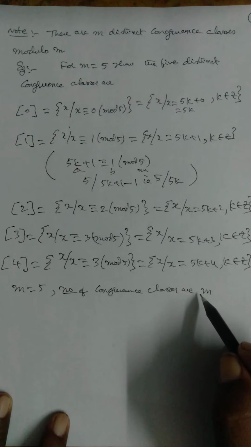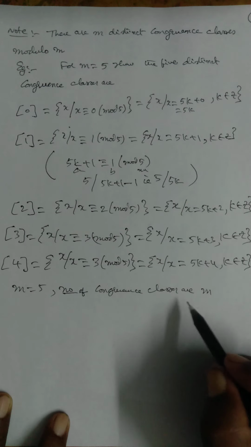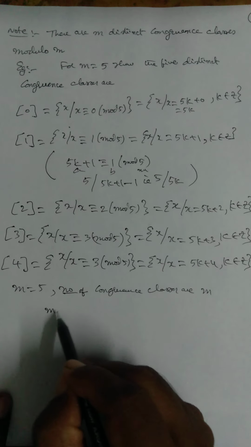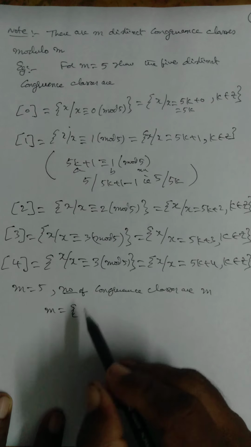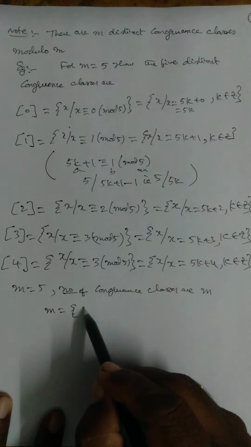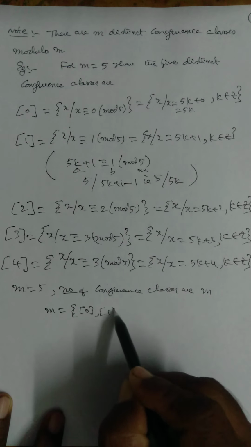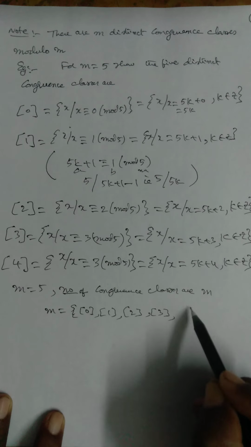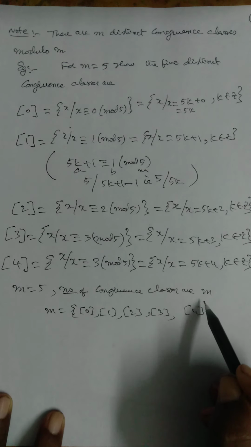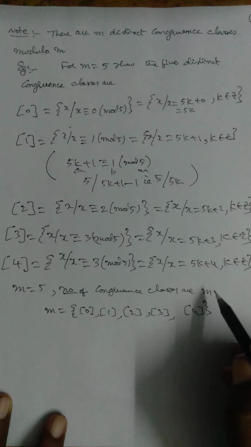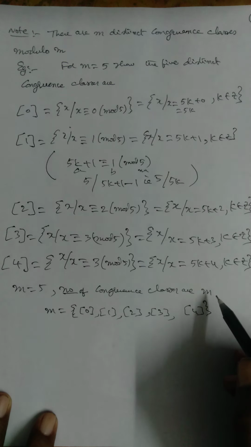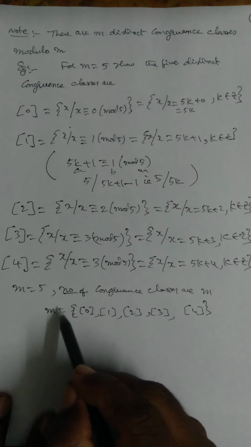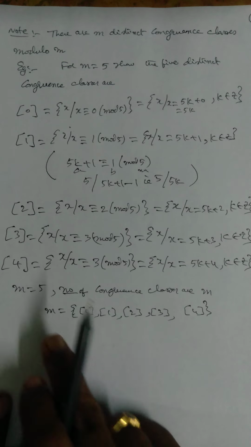The congruence classes are given by the set 0, 1, 2, 3, 4. So 5 classes.